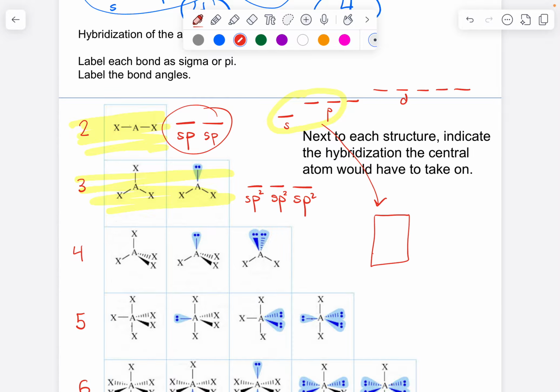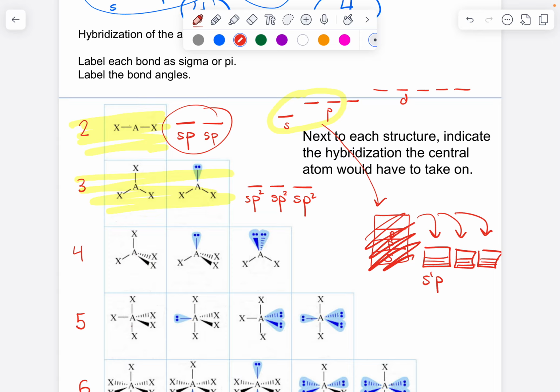I put them in a bucket, S, P, P. I mixed it up and I poured it out into 3 new containers, each having 1 part S and 2 parts P. Okay, so each one of these now is labeled 1 part S, 2 parts P.